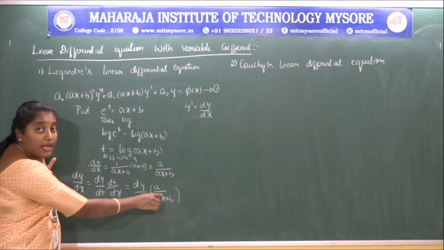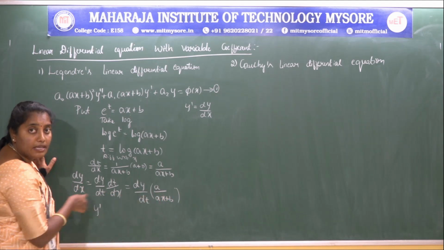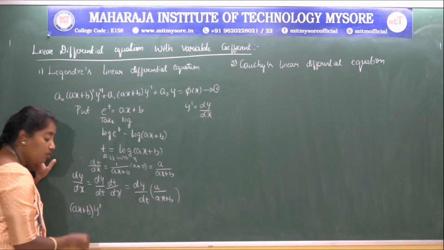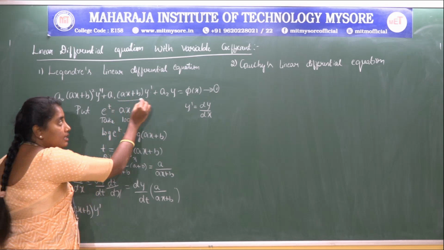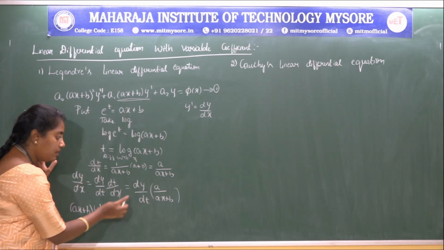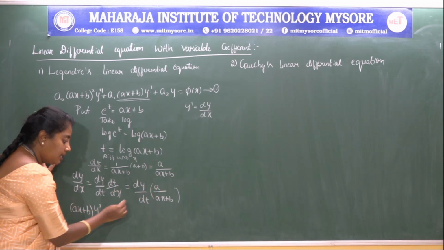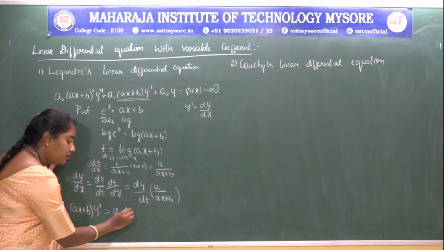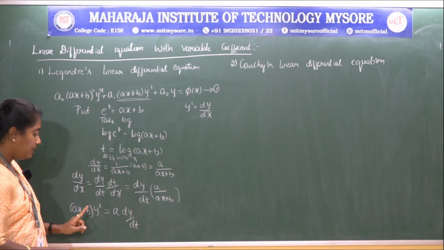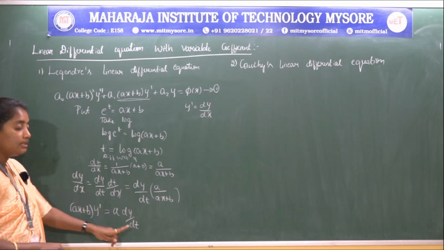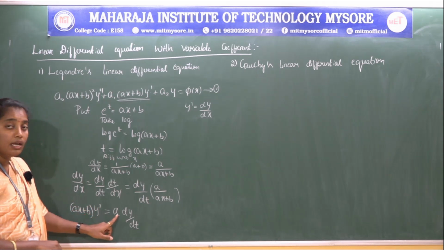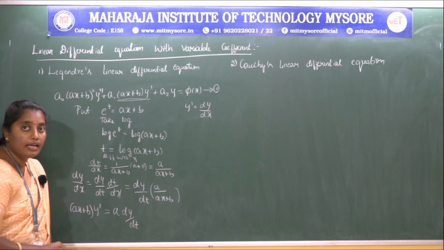On cross multiplying the denominator ax plus b, we get ax plus b into y dash, which is equal to a, the constant term, into dy divided by dt. Here we are replacing the variable x in terms of t. That is, ax plus b into y dash is equal to a into dy by dt.